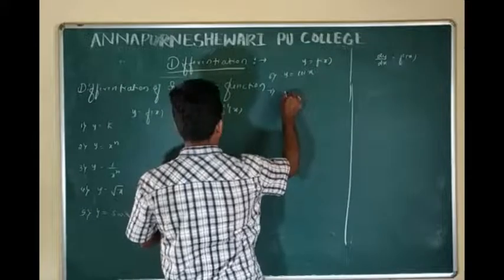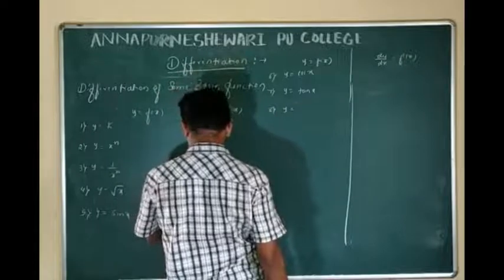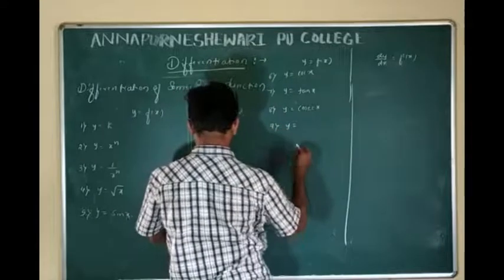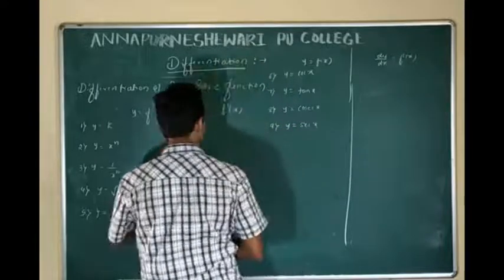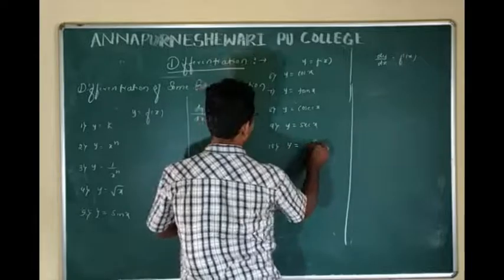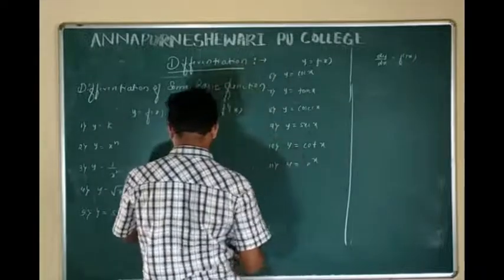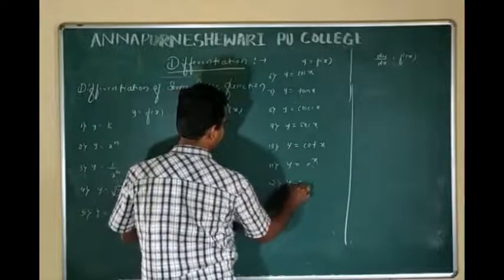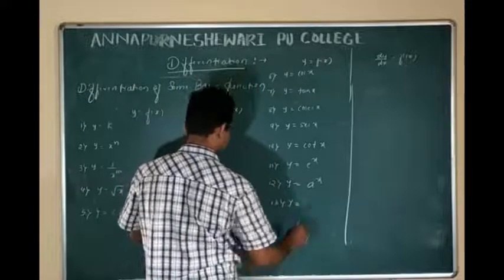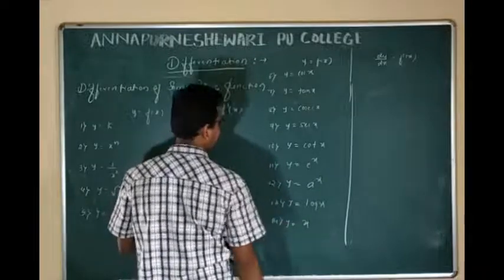Seventh one, y equal to tan of x, y equal to cosec of x, y equal to sec of x, y equal to cot of x, y equal to e raised to x, y equal to a raised to x, y equal to log of x, y equal to x.